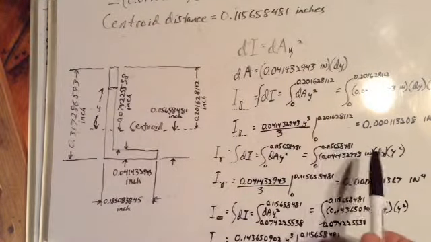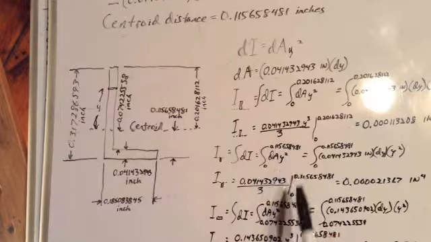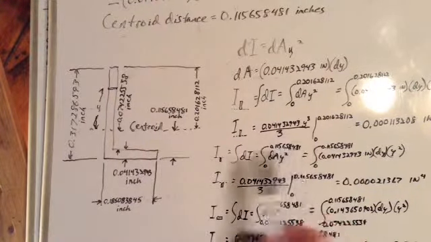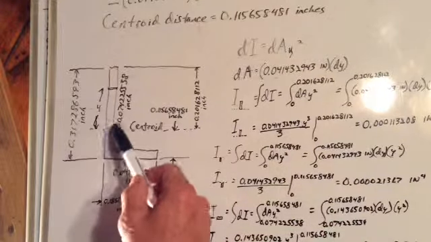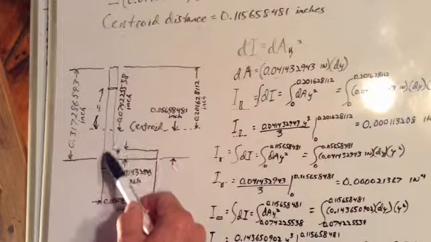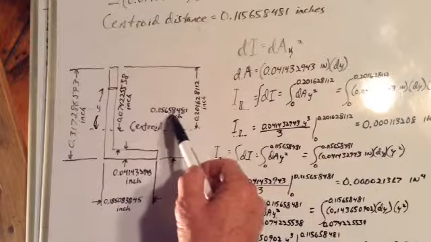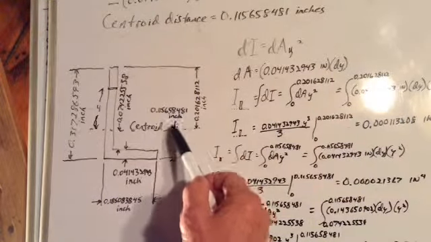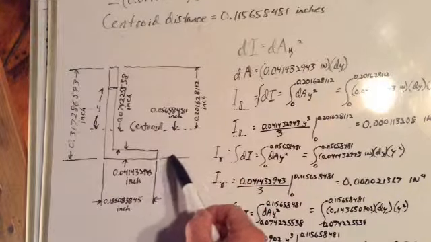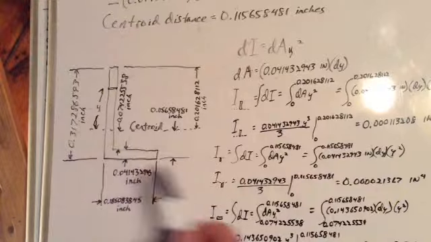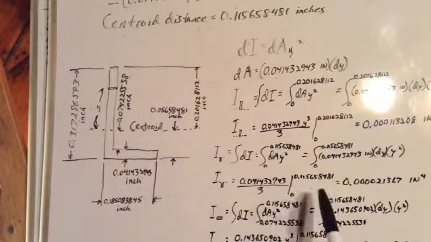That distance squared, okay, y squared. Our limits of integration are from 0 to 0.115, because actually we're going to call this 0 and this the 0.115. We're going from here to there. See that 0.115658481 inch from the centroid line to the bottom of our L? Those are our limits of integration from there to there. So that's where those numbers come from.